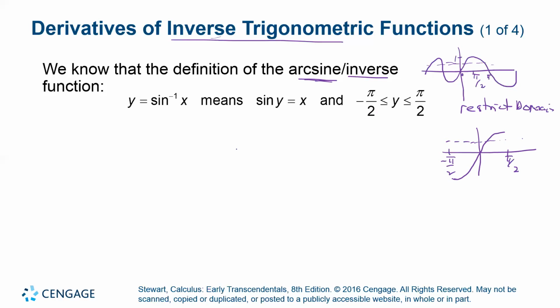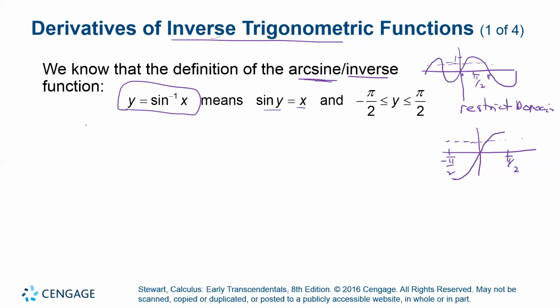Okay. Now, to find the derivative of this function, y is equal to arc sine of x. When you have this, what does it mean? It means that you want to find the angle whose sine is x. That's the arc sine of x. So it means that sine of y is equal to x.